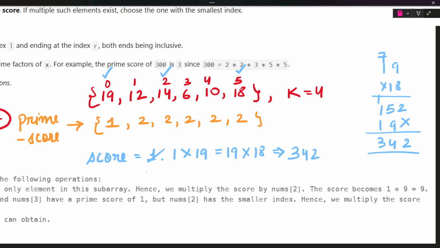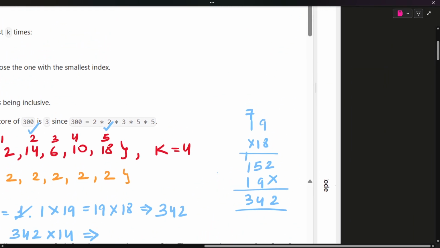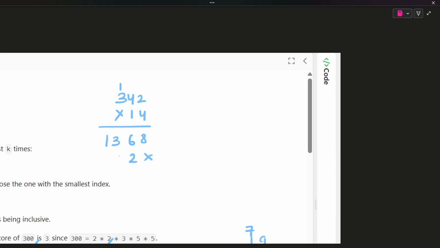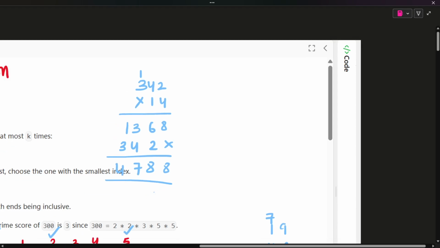So the score becomes 342 into 40, which gives 13680.